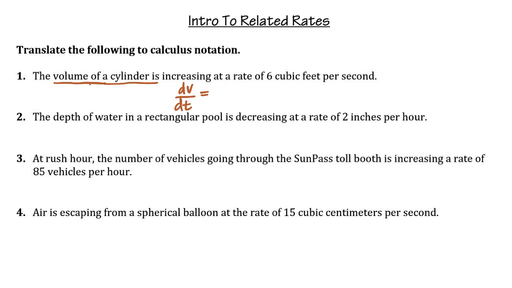So dV dt is equal to 6, and then we have feet cubed per second. That is the calculus notation for the statement that we're given.